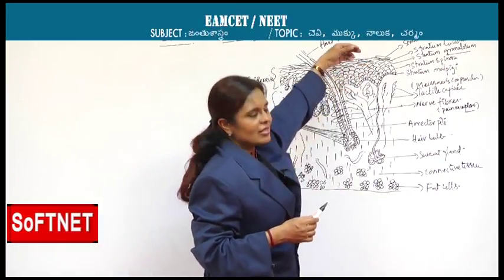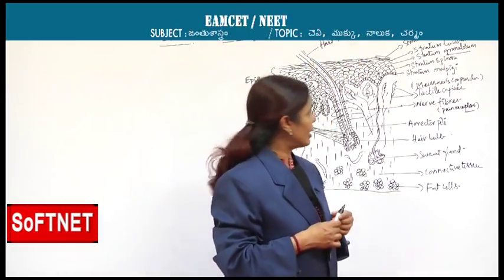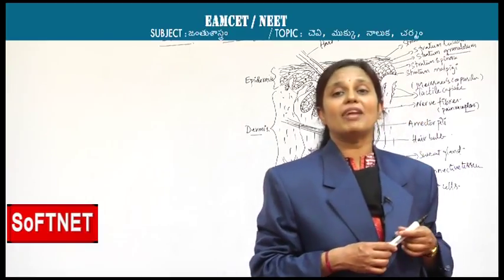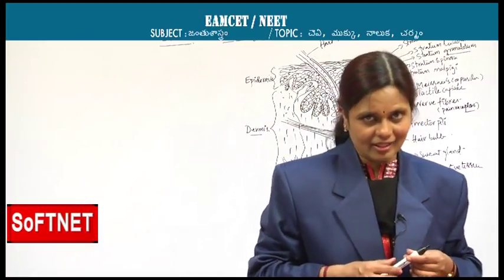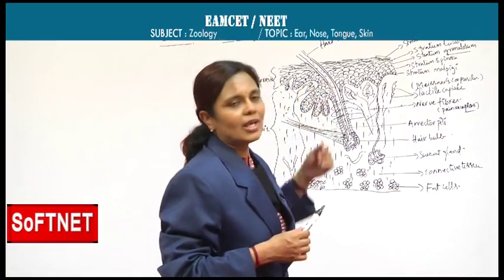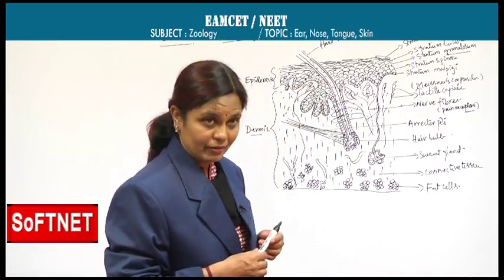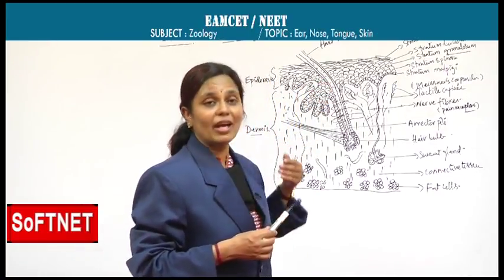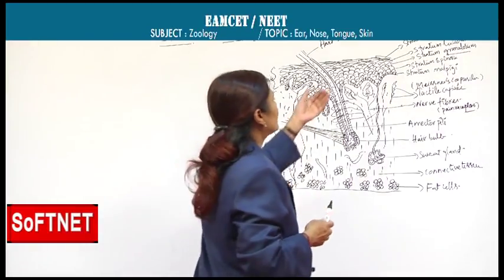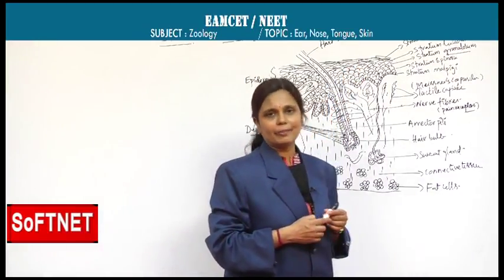Next, above this stratum lucidum is the uppermost layer of very much flattened, scale-like cells called stratum corneum. The outermost layer of cells, which are very much flattened and scale-like, you call stratum corneum.